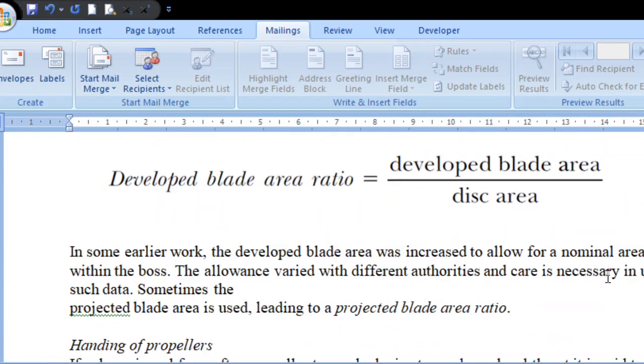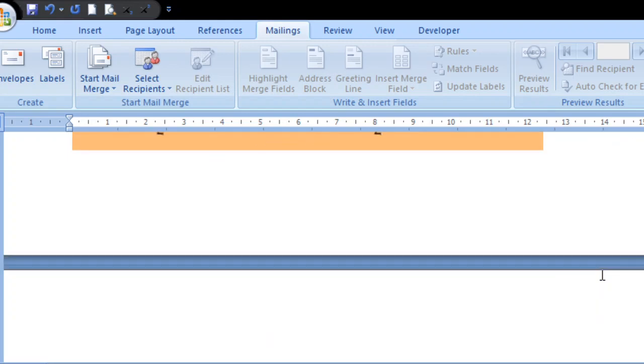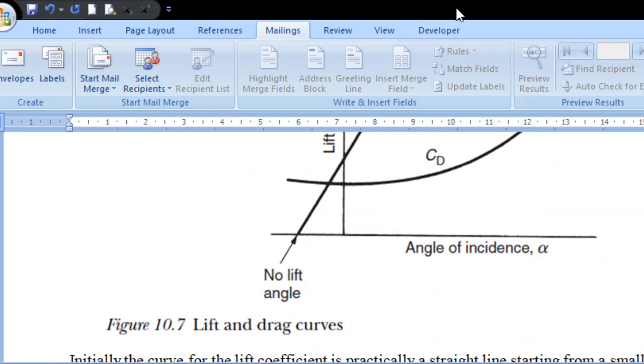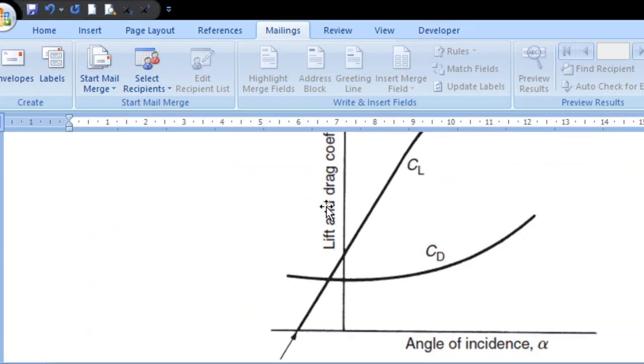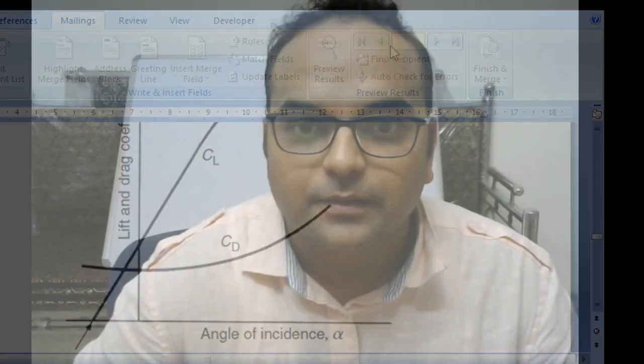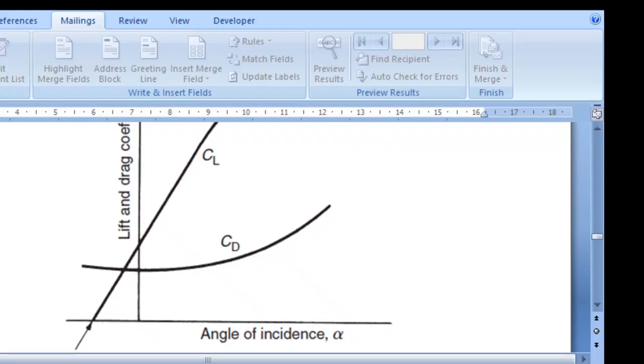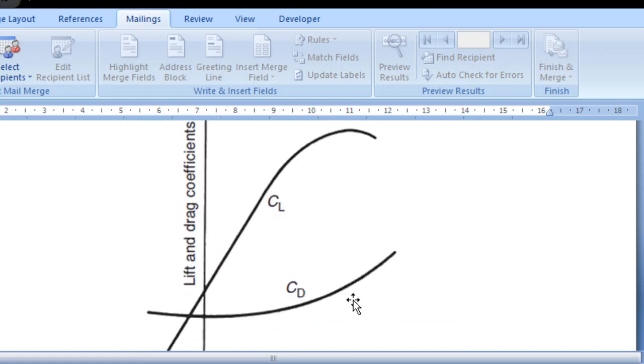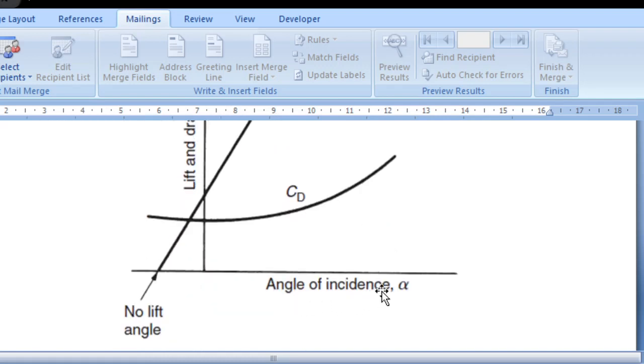Okay, so this curve is of lift and drag. Lift and drag with the angle of incidence alpha.